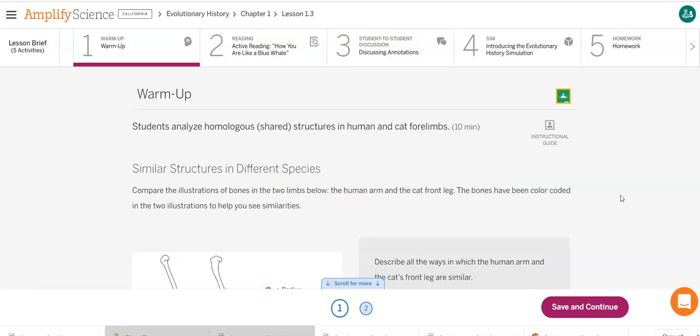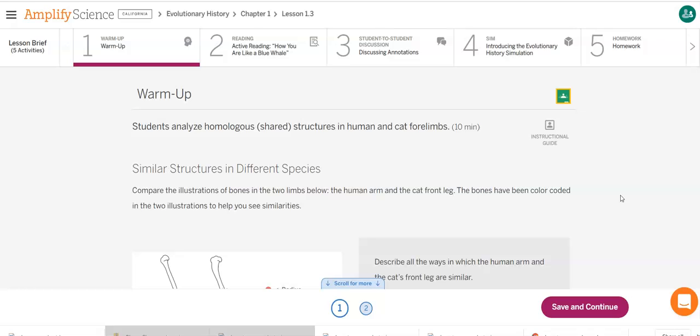So yesterday we opened up, on Tuesday you did a unit pretest. Yesterday we actually started the unit, and so today we are going to continue on with that. As you can see, I do have Amplify open on the screen, so today we are going to be mostly doing annotation.